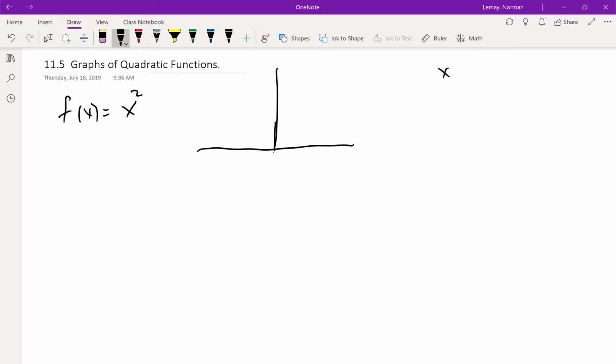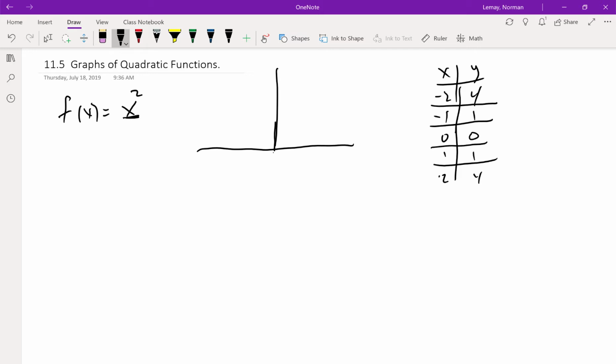Again, we can construct our x and y coordinates. Maybe go -2, -1, 0, 1, 2, and let's note that we plug this -2 into x squared, I get 4, and -1, plug it into x squared, we get 1, and 0, get 0, and then plug a 1 in here and we get 1, and plug a 2 in, we get 4, and so forth.